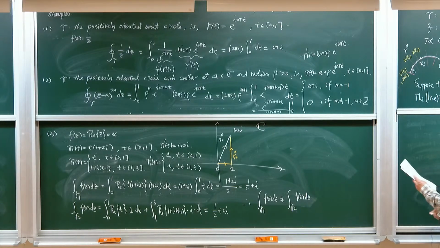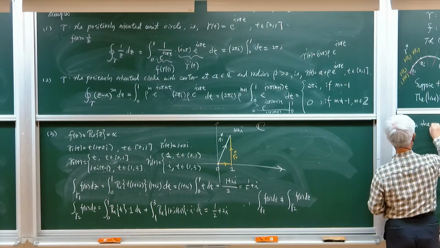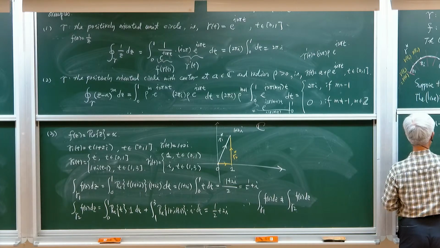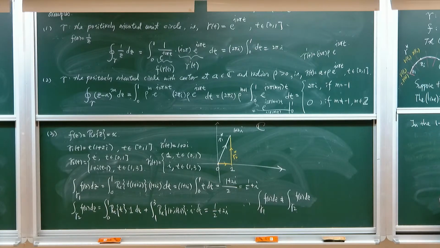Okay. Now I will talk about some geometry of the Euclidean space, which will be needed in our discussion. So first of all, in the one-to-one correspondence, z equal to x plus iy in C goes to the point (x, y) in R2.